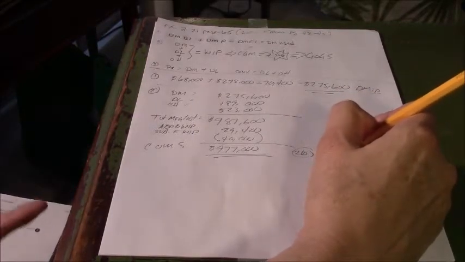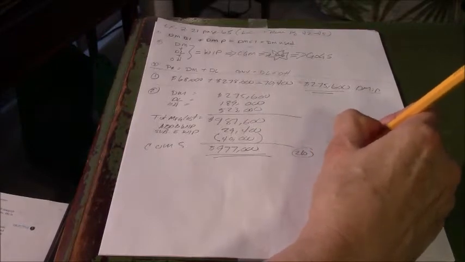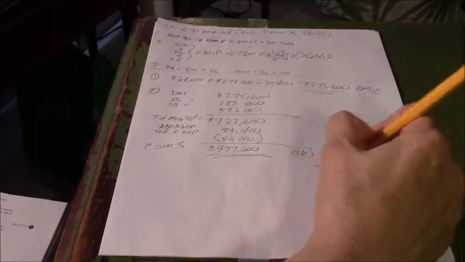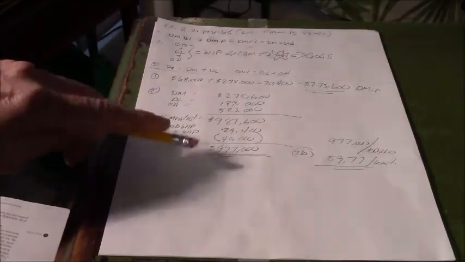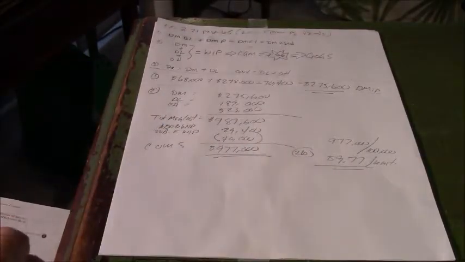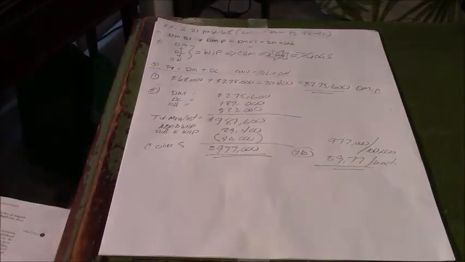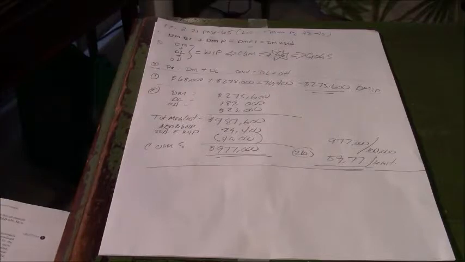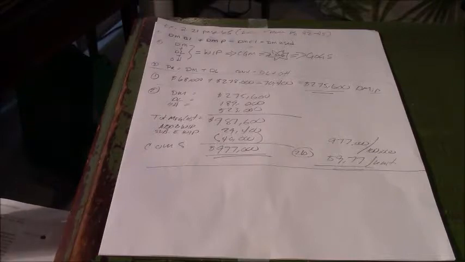So that's pretty easy. That's $9.77 per unit. So there is our unit cost of goods manufactured. $9.77.